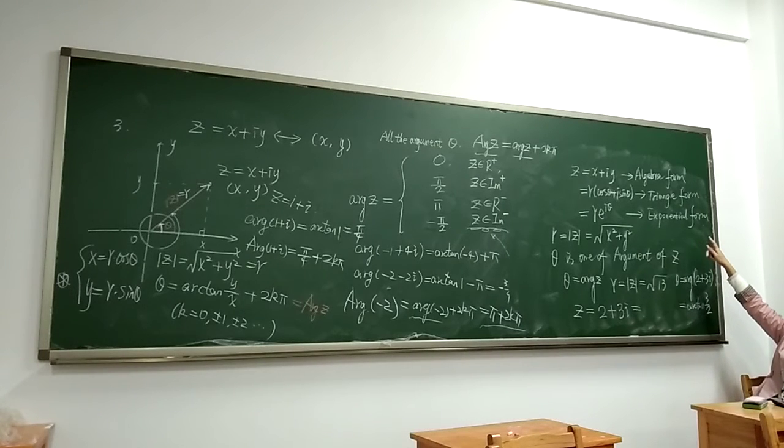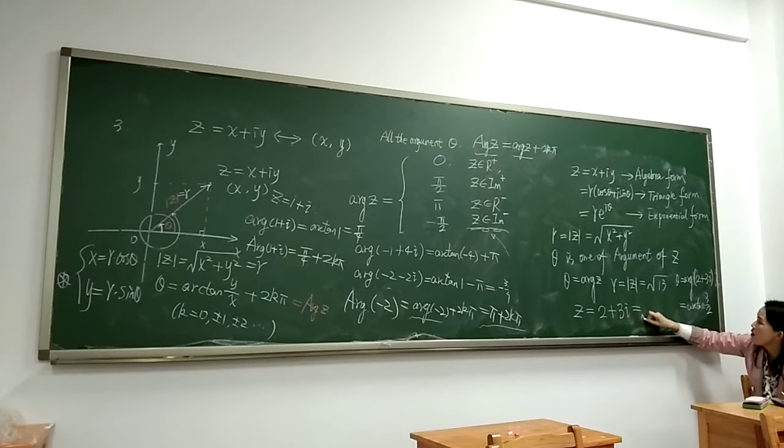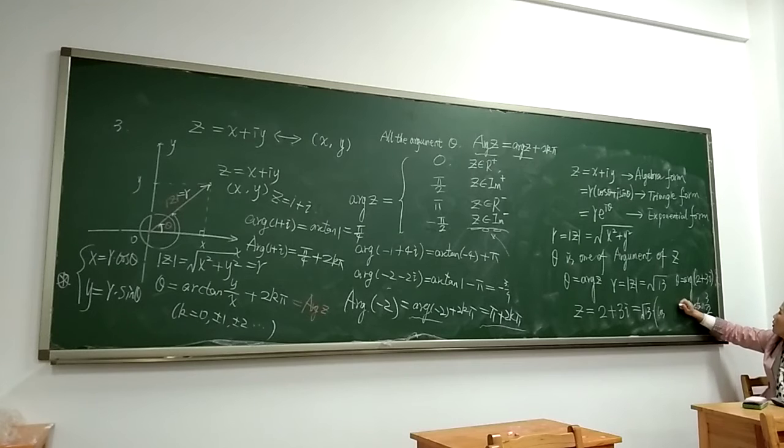If you want to write the triangular form, you can write r cosine this angle plus i sine this angle.